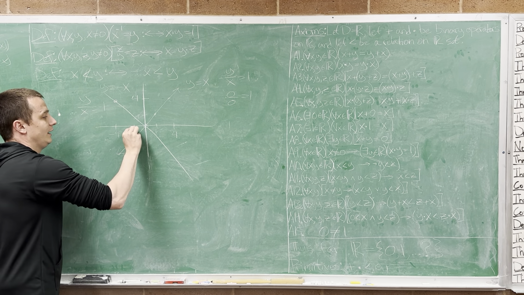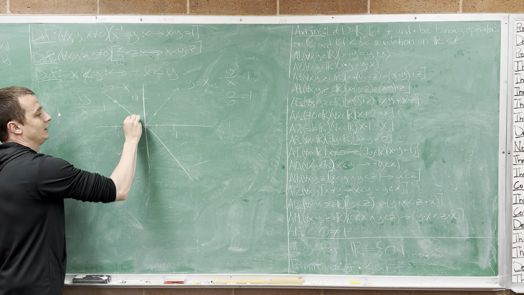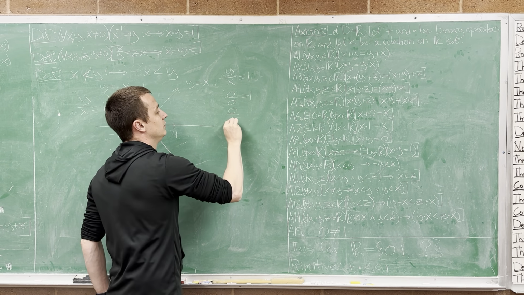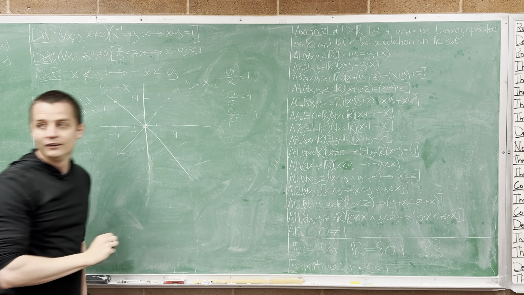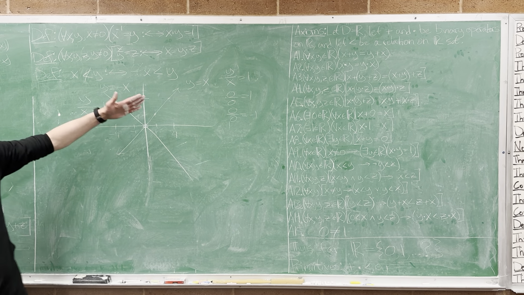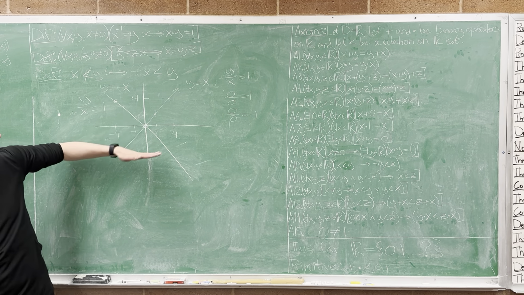Or we go over here to negative 1, negative 1 over 1 is equal to negative 1. We come down over here, 4 over negative 4 is equal to negative 1. Everywhere it's negative 1. What about the origin? It goes through the origin, and we get 0 over 0 equals negative 1. If we define it, I can make it equal to any number you want. I just pick the line with that slope that goes through the origin. I hate this so much.